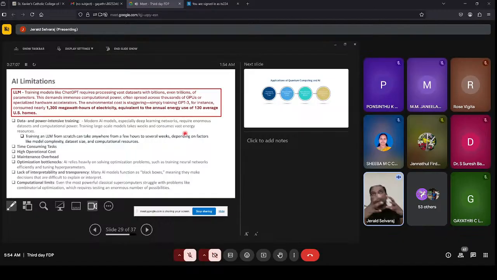So how does quantum solve the AI problems? As I mentioned earlier, when you use a large language model, it will train faster, so you'll get a quick result.